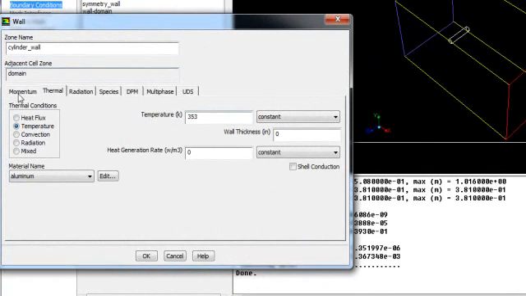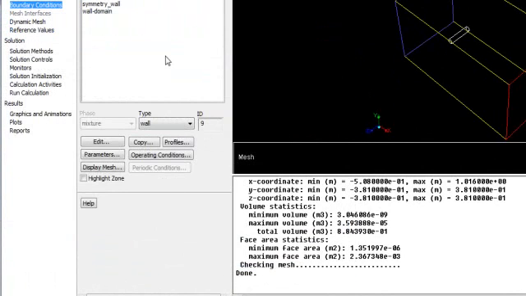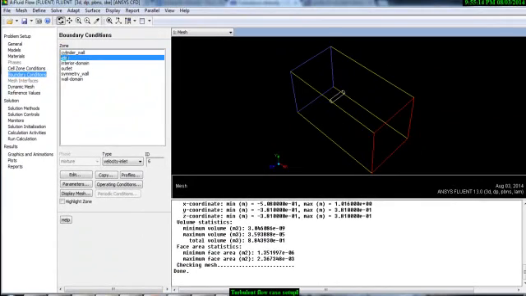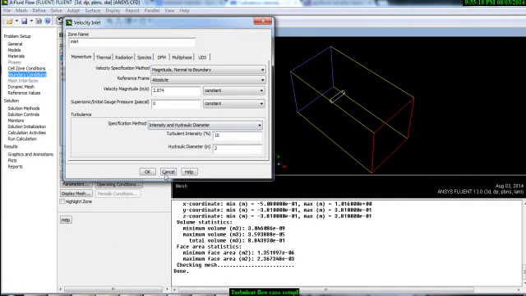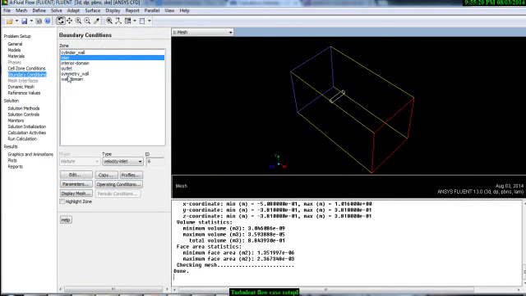So this is the wall boundary condition. Select OK. You don't have any turbulence effect on that wall. We just need to change the inlet turbulence boundary condition from laminar to turbulent. And symmetry, we don't have any change in symmetric wall, and that's it.